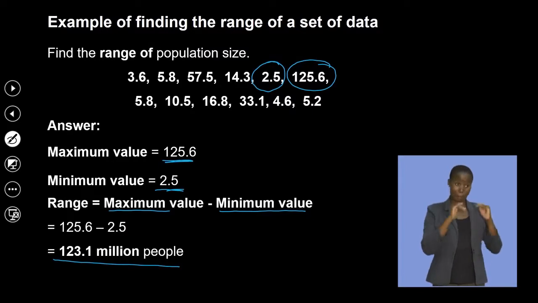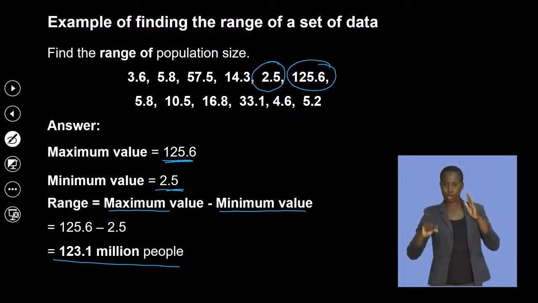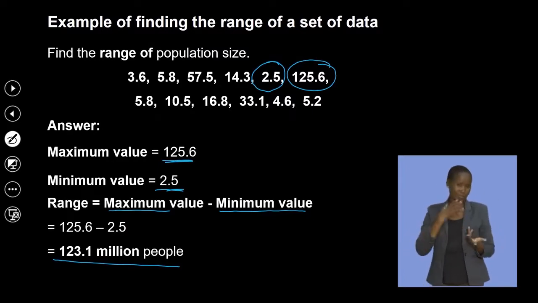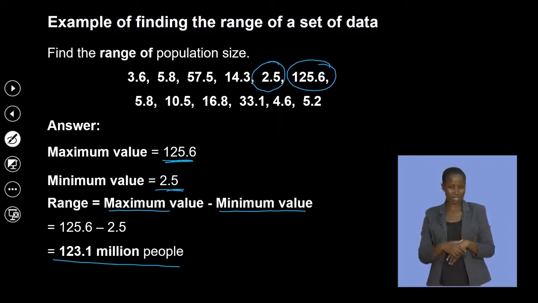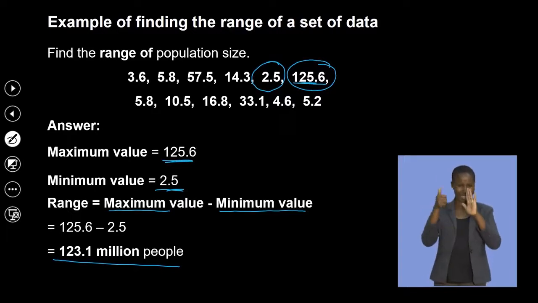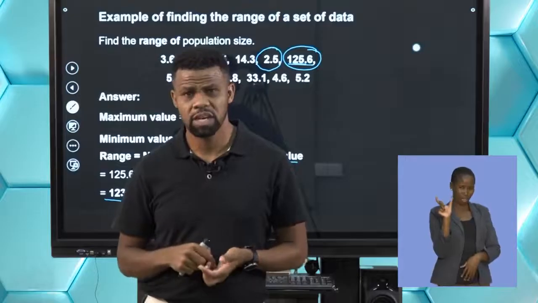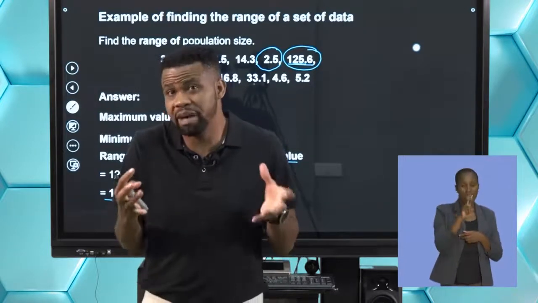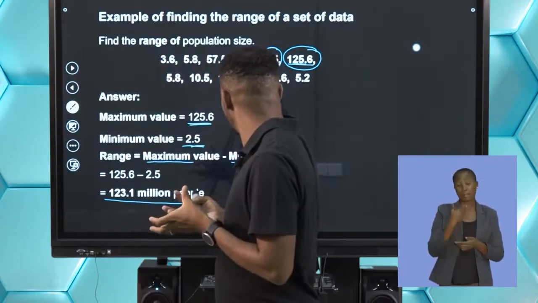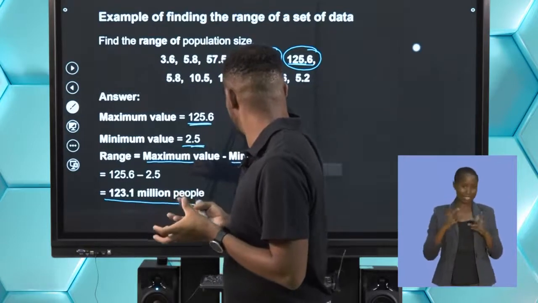What does it mean here? Does it mean anything? That doesn't tell us anything. But if you look at the 125.6, it's kind of an extreme. Are we together? So range might not be the best measure of dispersion because it's very extreme.